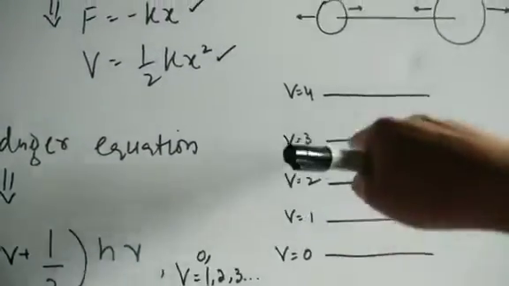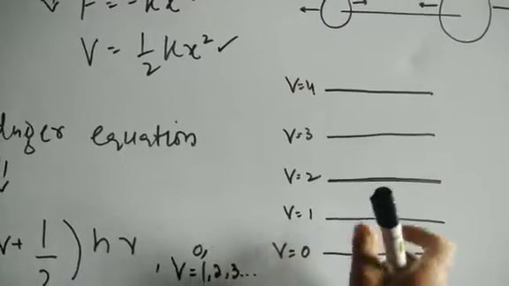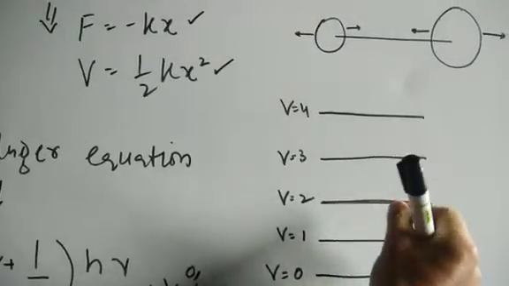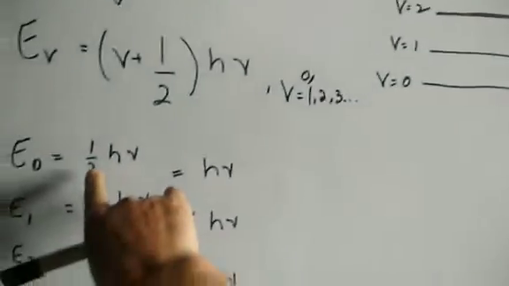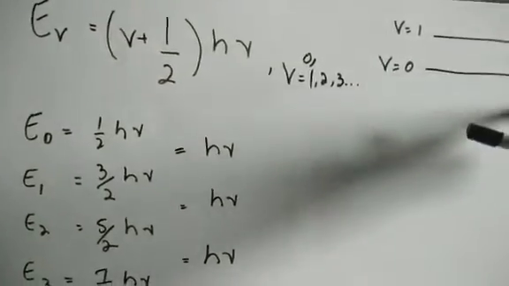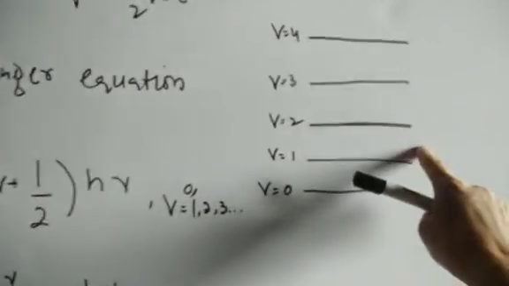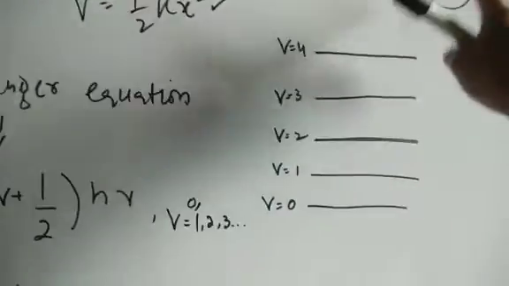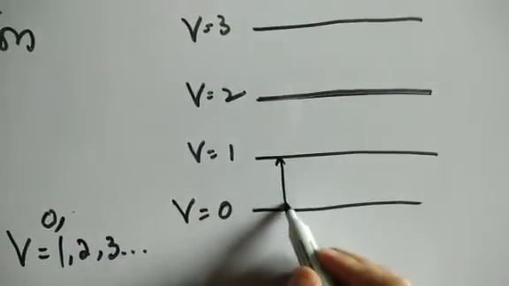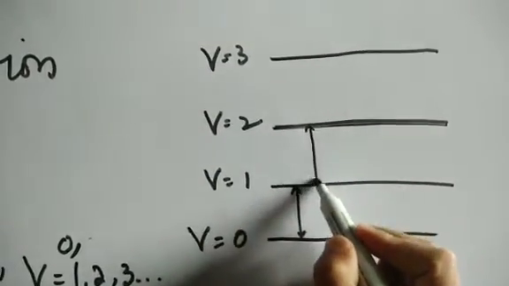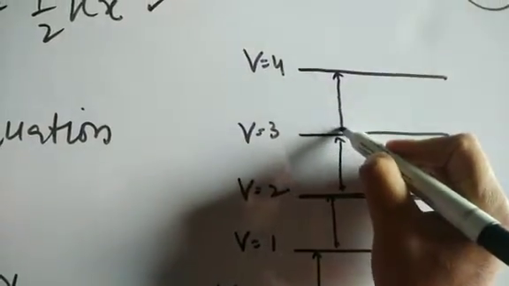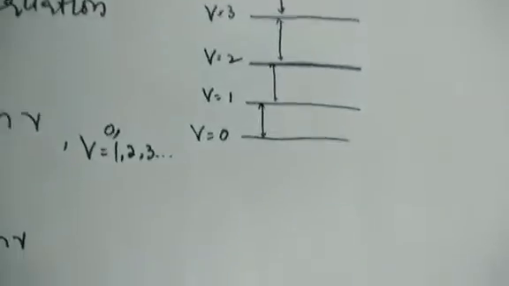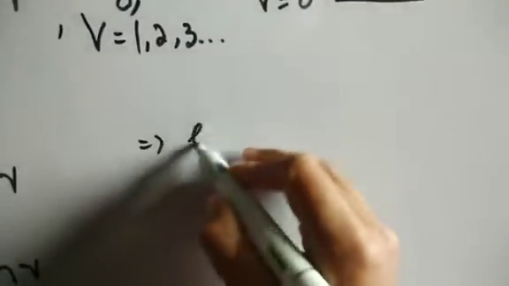Going upward, the energy increases; the molecule is vibrating more strongly, a stronger vibration state, so the energy is increasing. The energies will be 1/2 h nu, 3/2 h nu, then 5/2 h nu, and so on. You see that they are equally spaced; this is important. So the energy levels are equally spaced in vibrational spectroscopy, and we are talking about the simple harmonic oscillator. It's very important. So we can write that energy levels are equally spaced.